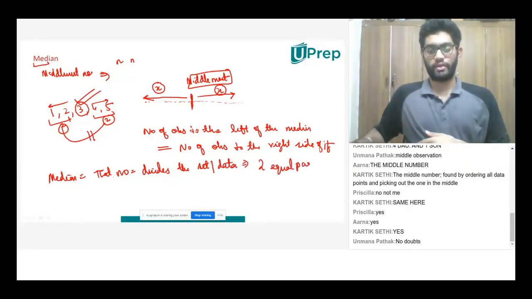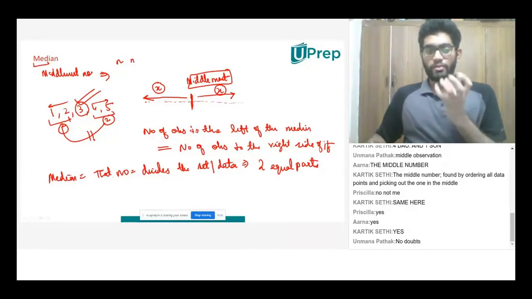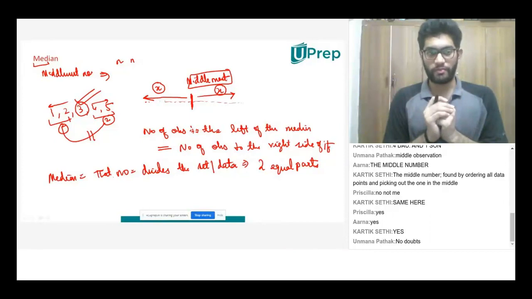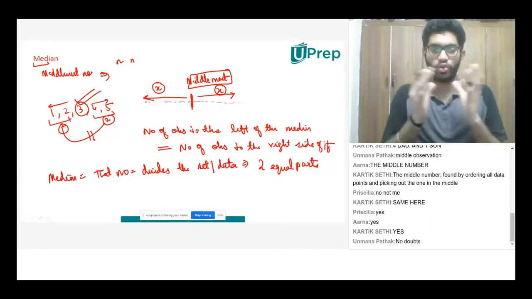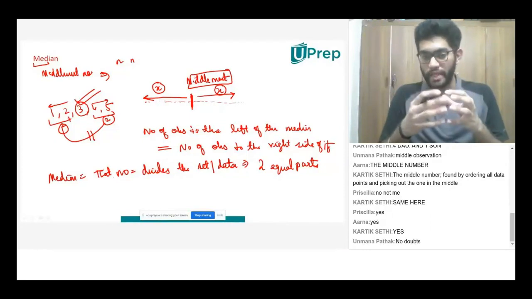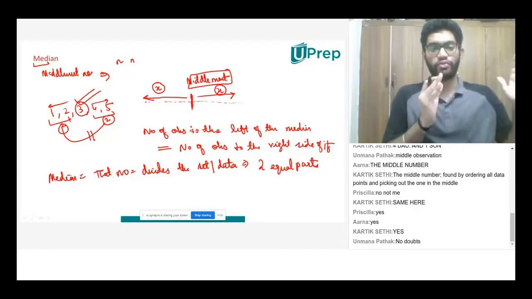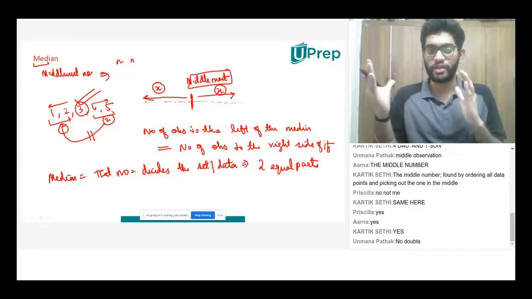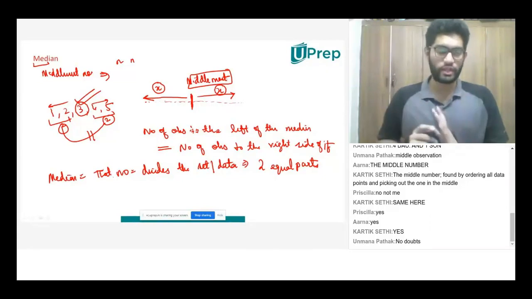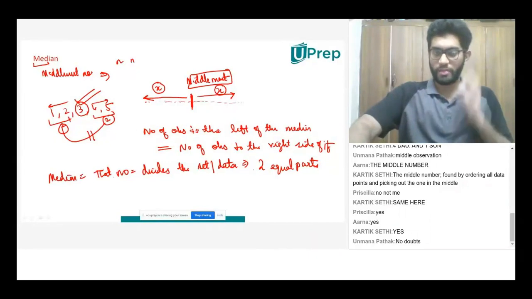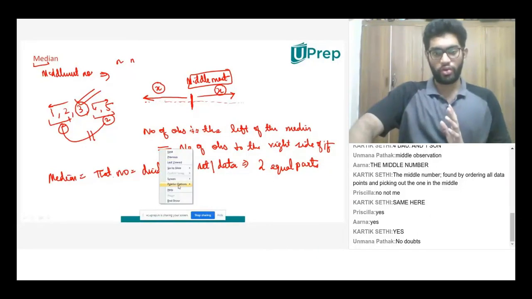As simple as that. What was mean? Mean was a number around which the other observations revolved, right? Either they're close to it. But in terms of median, it is the middlemost number. That means the numbers to the left of median and the numbers to the right of median are the same. Is it very clear? Is the logic clear? Any doubts? Yes, sir. Definition part has to be clear.